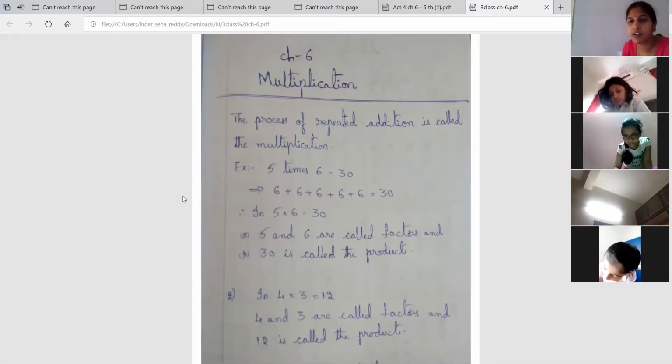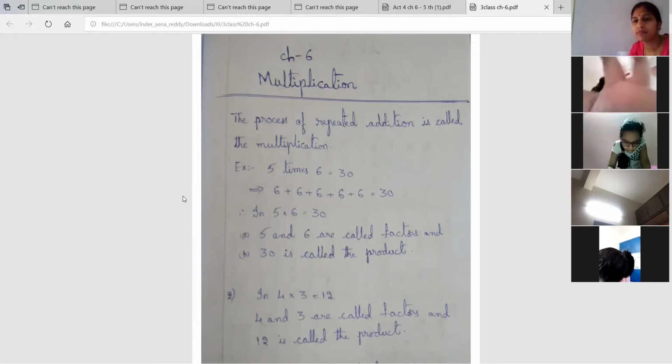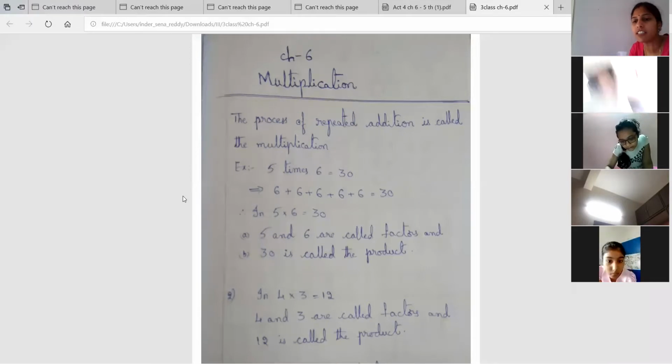Children, write neatly, okay? Keep the heading a little big. Chapter 6. Check your multiplication spelling properly. On top of your red line, you need to keep the heading. The process of repeated addition is called multiplication.